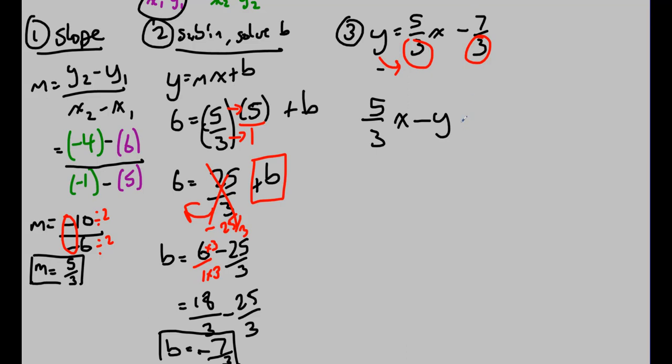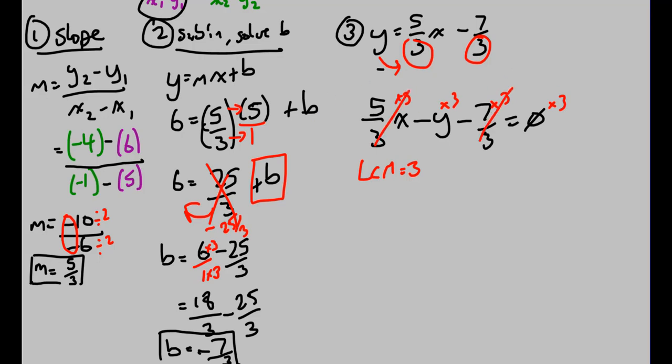And that stayed on that side, minus 7 over 3. And I'm just switching around where the zeros were because it's just easier to write it this way. If you need to write that second step of 0 equals 5 over 3x, blah, blah, that's fine too. And then my LCM is a 3. So I can multiply this by 3, this by 3, this by 3, and this by 3. My 3's are going to cancel out.